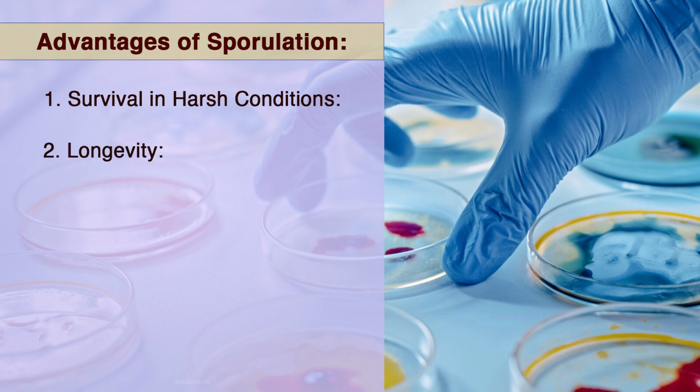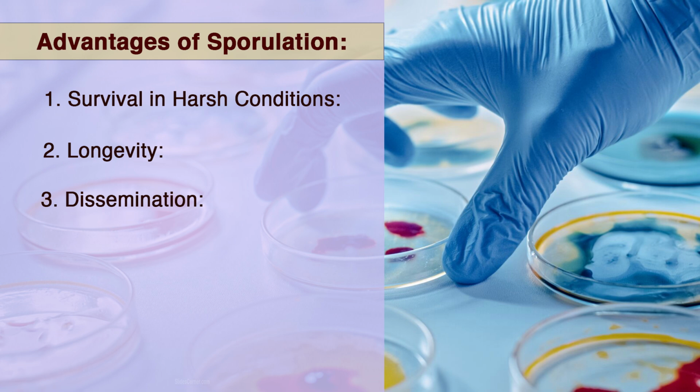Second one is longevity. Spores can remain viable for long periods, sometimes decades or even centuries. This longevity ensures the organism can wait out unfavorable conditions and resume growth when conditions improve.